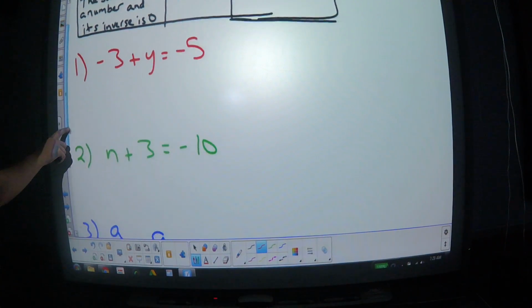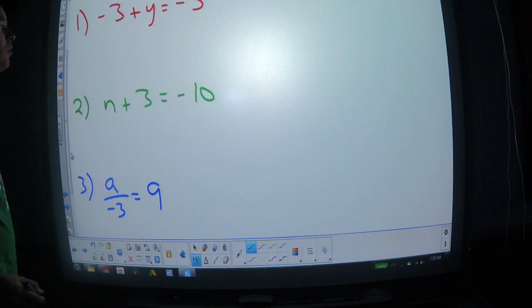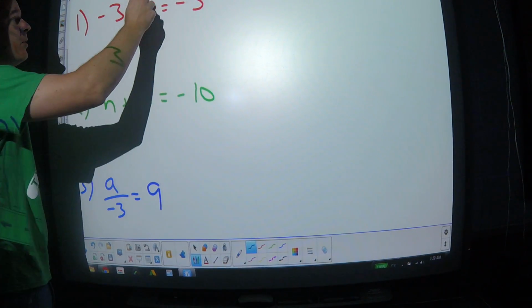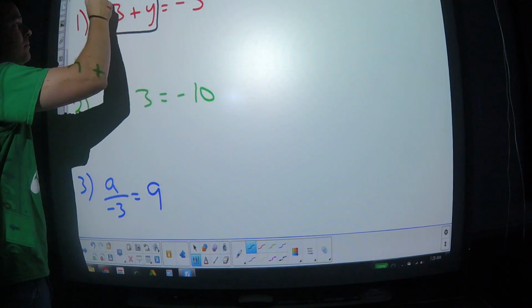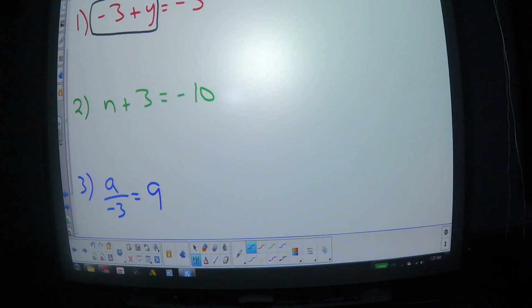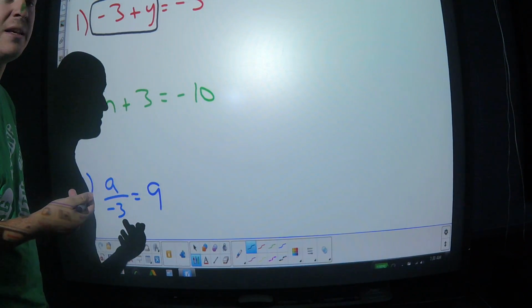Okay, so when looking at number 1, using the inverse addition rule, you first identify the side that has the variable. Okay, and then you're going to add the inverse to both sides. Remember, both sides. You got to balance the equation. Remember, I'm a little teapot.